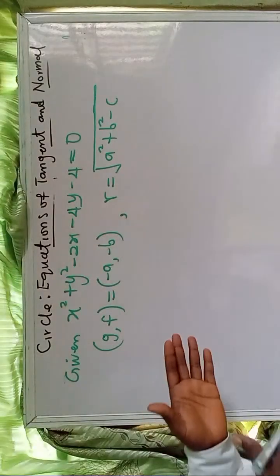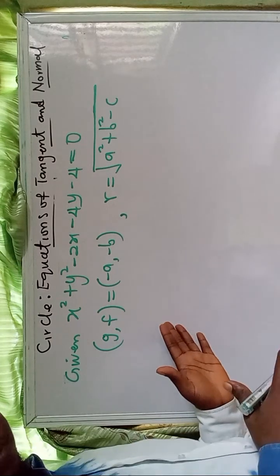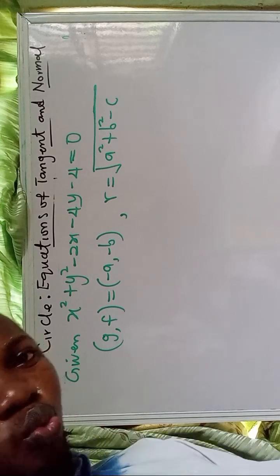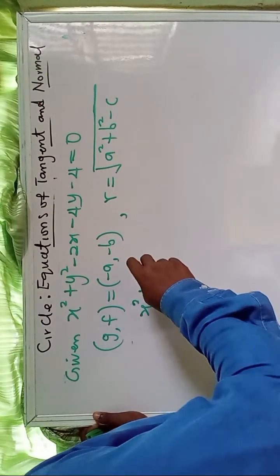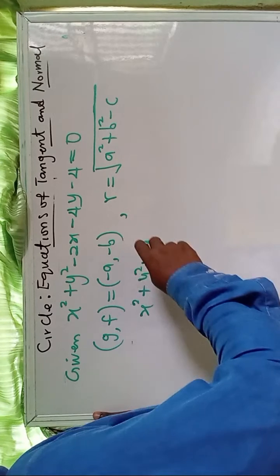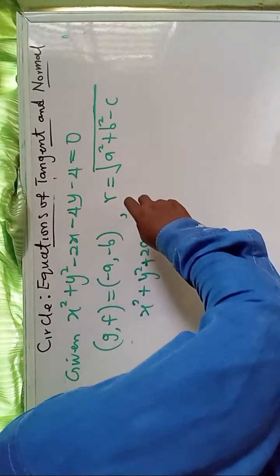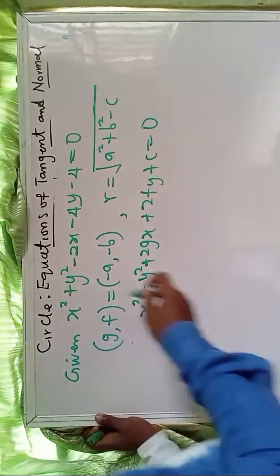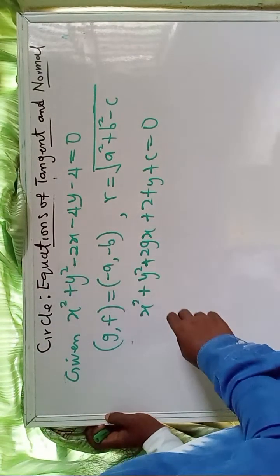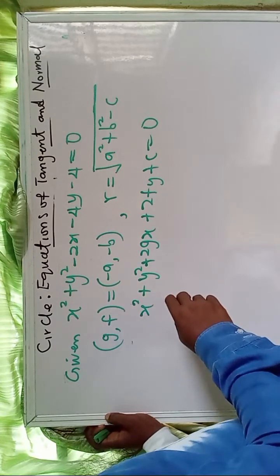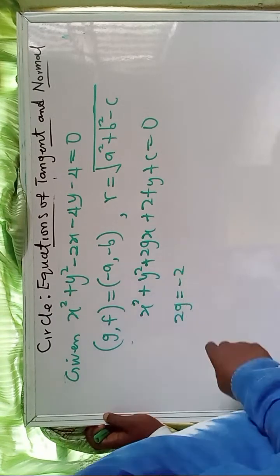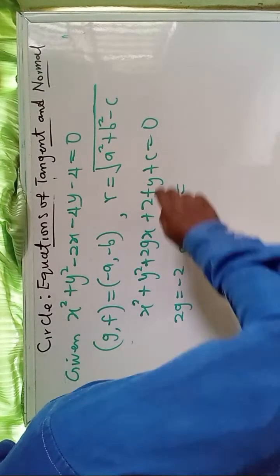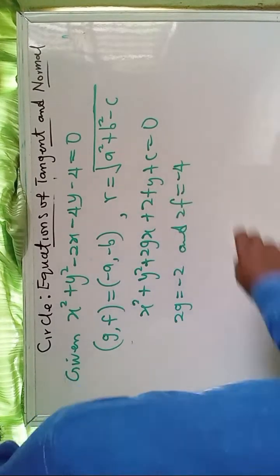So let's see this. When we compare this, what we see is that 2g is equal to minus 2, and 2f is equal to minus 4.